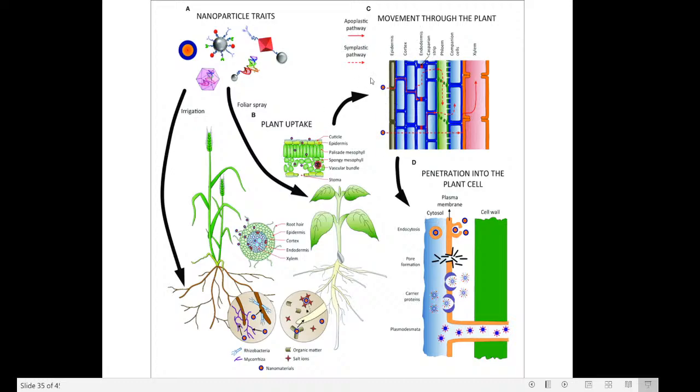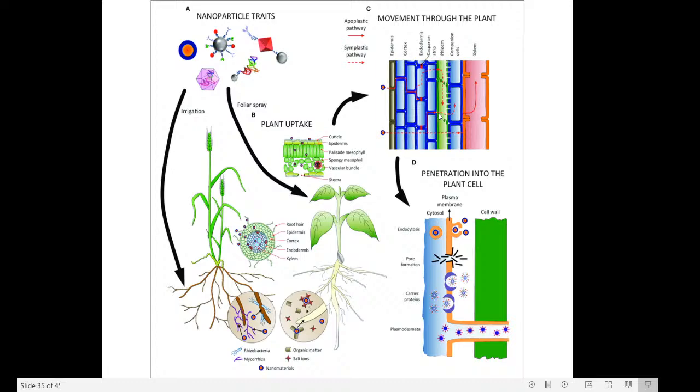Okay, this movement within the plant is the apoplastic pathway and the symplastic pathway. Here the dotted lines are called symplastic, and the straight lines are apoplastic. In the apoplastic pathway, a molecule enters in this region and moves through the cortex to the endodermal layer. It passes through the endodermal layer and moves to the region called the phloem.